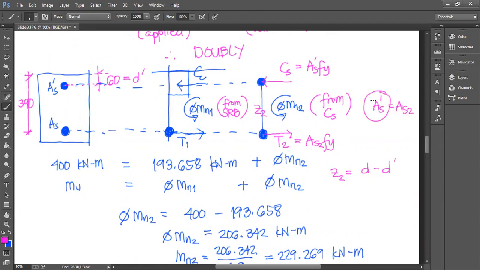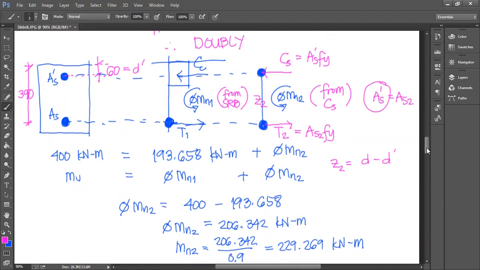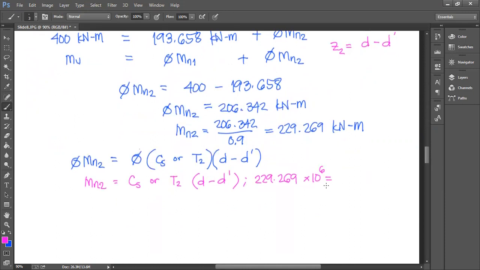It is easier to just get the value of A prime s. So we have A prime s Fy, wherein our Fy is equal to 275, multiplied by d of 390 minus d prime of 60.